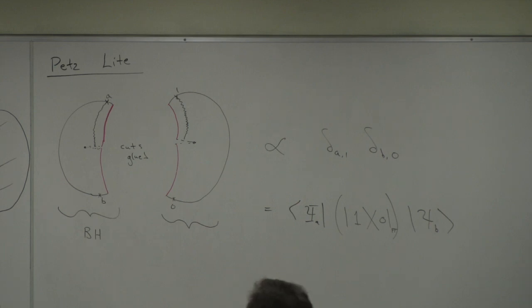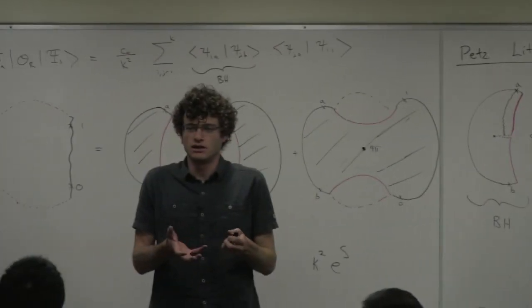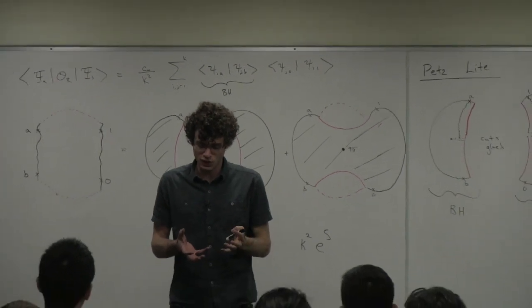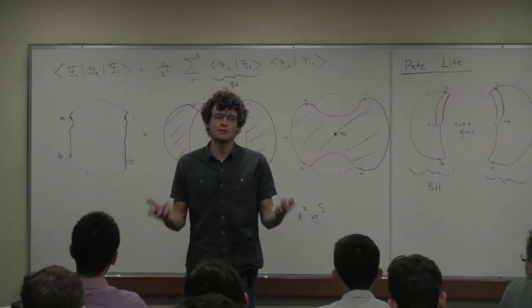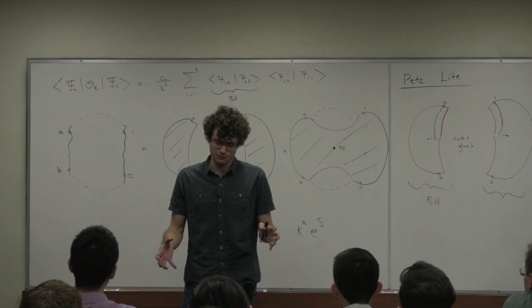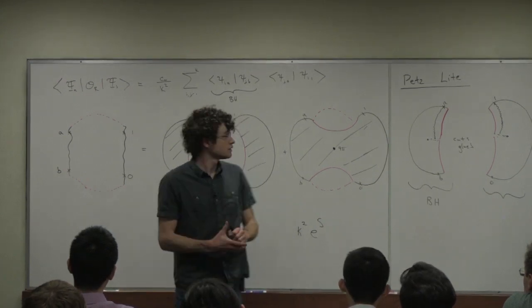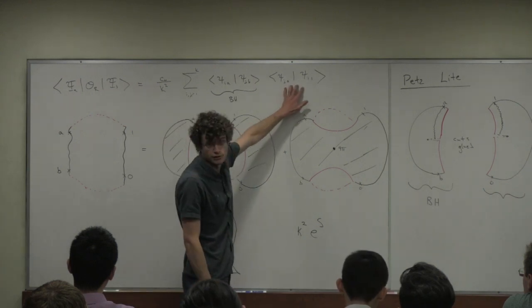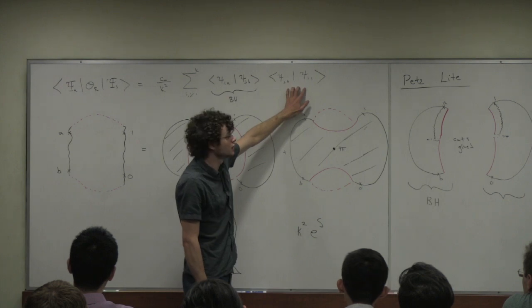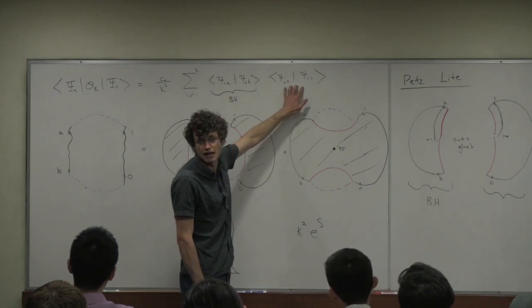So this is just a set of numbers that somebody is acting on the R system, and we instruct them to use the Petz map. They look up the Petz map. They see that it involves a bunch of these inner products, and just a list of numbers. They put that list of numbers here in their formula for the operator. But that list of numbers has the interpretation of inner products of states in a black hole.